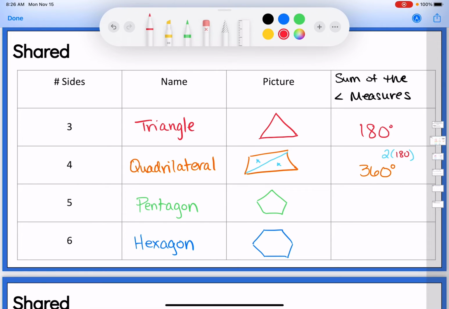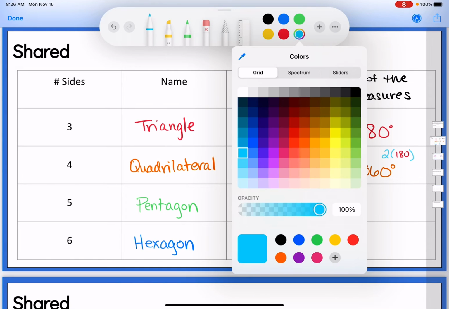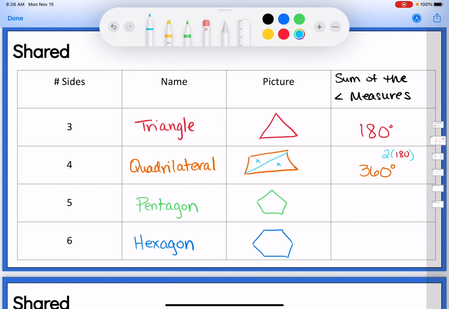If I had that same idea, how many triangles could I split a pentagon into? Well, let's see. One triangle on the top. Oh, the bottom is still a quadrilateral. What if I split that one again? That's 1, 2, 3 triangles. 3 times 180 would be 540 degrees.